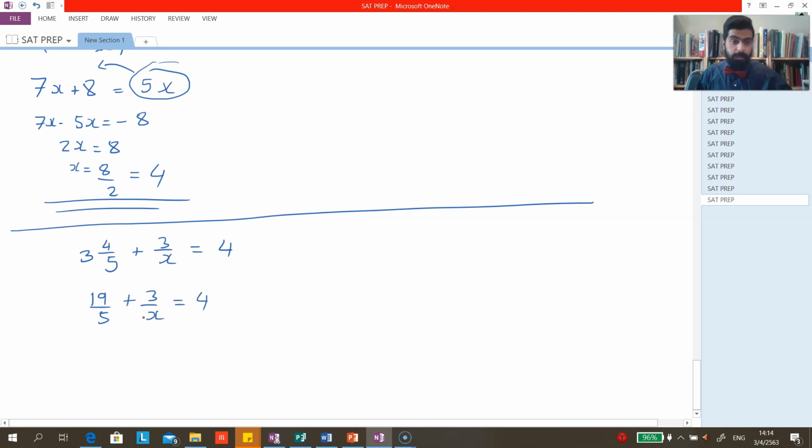Now, pretty similar to the above question, but in this question we see that in the denominator we have 5 and we have an x. Therefore, we've got to multiply the whole equation by 5x. So let's multiply this by 5x, and this we are also going to multiply by 5x.